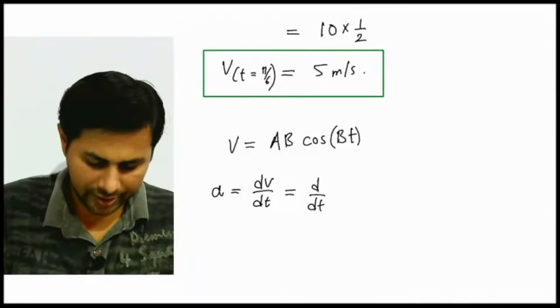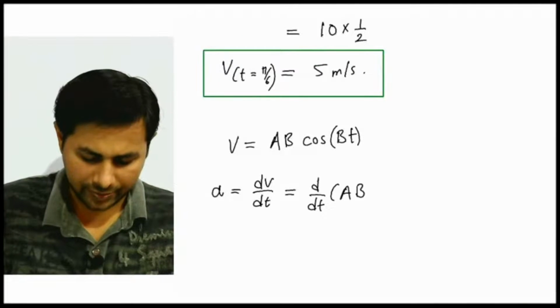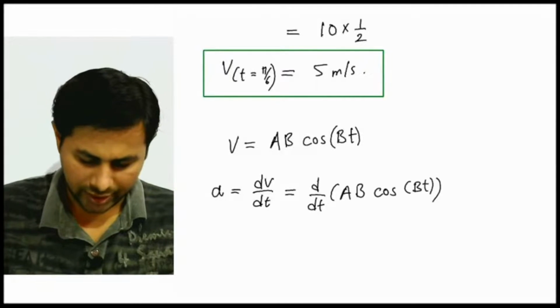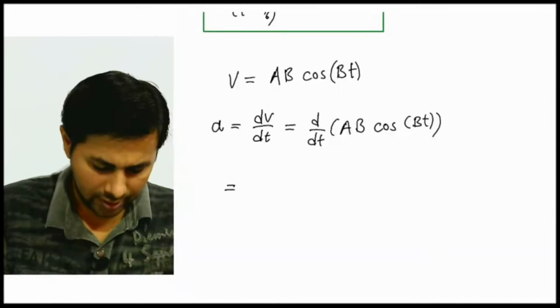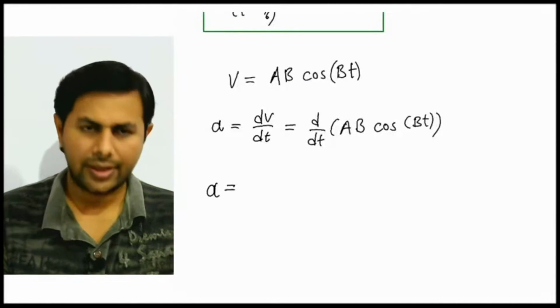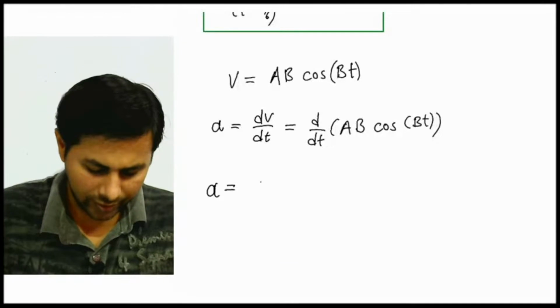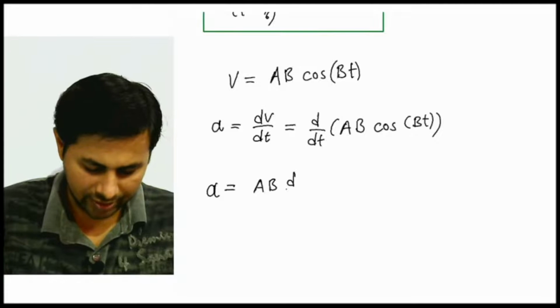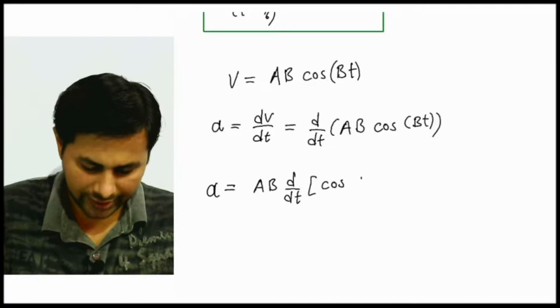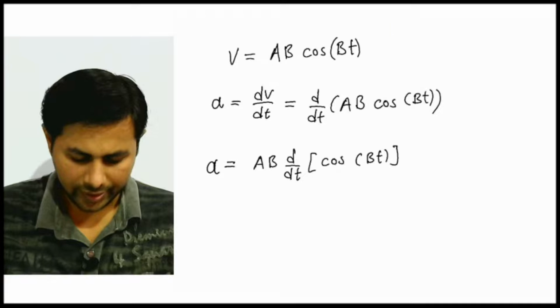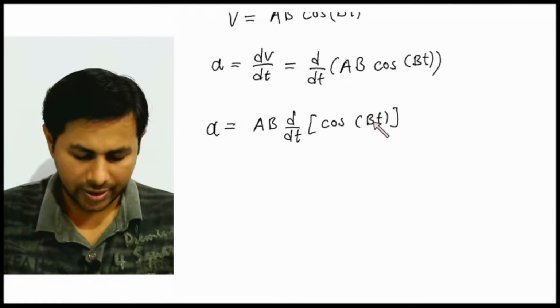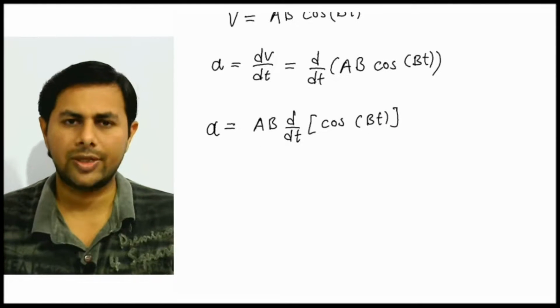So it is d by dt of ab into cosine of bt. Okay, so here also a and b are constants, we can take them outside of derivative. So we have ab times derivative of cosine of bt. So again, now we have to find out derivative of cosine of bt with respect to t.